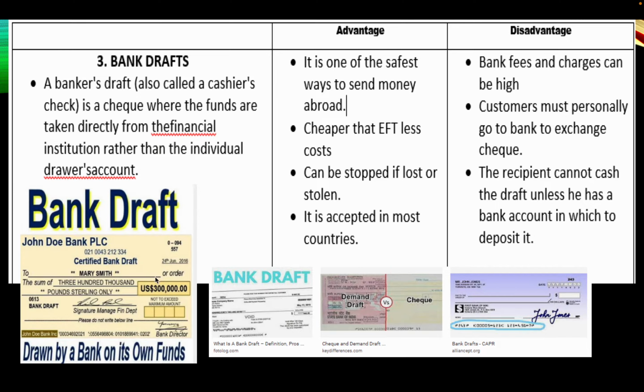So it will contain a piece of paper, with the amount the people come and stand with, written down, and the check signed. So this is a bank draft, it is quite a check they call a cashier's check. The advantages of this bank draft are that it is one of the safest ways to send money abroad, and also cheaper than EFT, less cost.